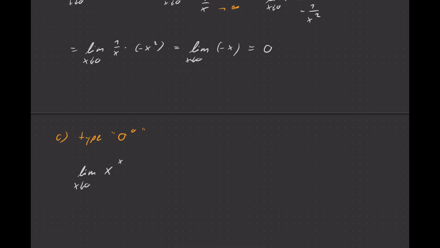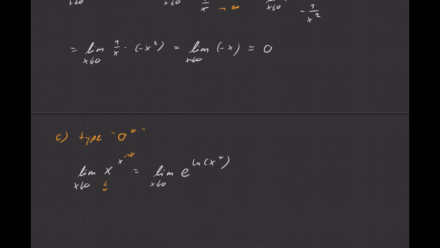And if you have something like that, so we have 0 here, 0 here in the limit, it usually pays to reformulate that as a limit of an exponential, a traditional exponential function, so e to the something. And if you want to express a power like this as e to the something, what you can of course do is simply express this as e to the power of ln of x to the power of x.